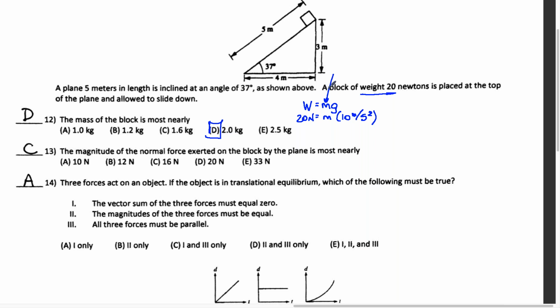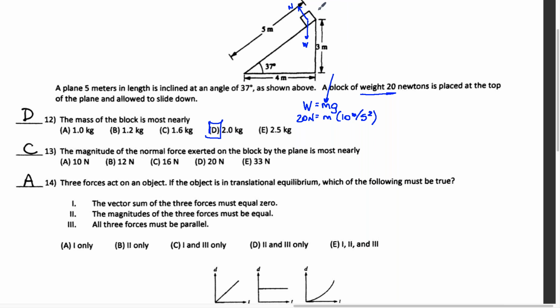Let's go to 13. They want to know the normal force exerted on the block by the plane. Let's remember that the normal force is always perpendicular to the plane. The weight force, or mg, is directed downwards. We weren't really told anything about friction, but whether there's friction or not, it's not going to affect the y direction. So the normal force is there.